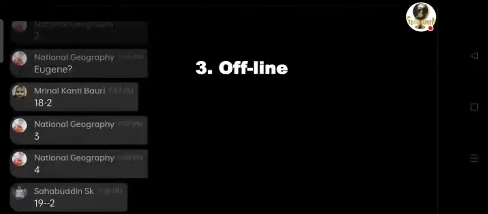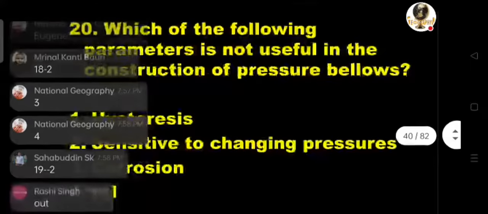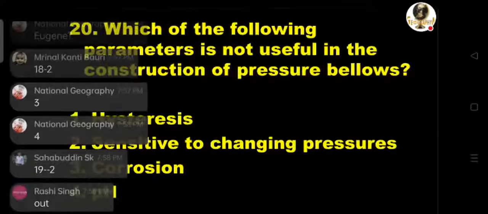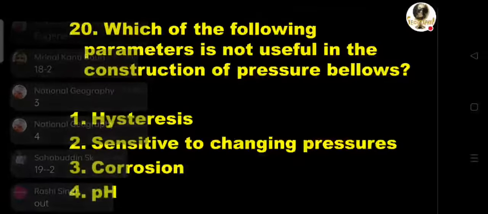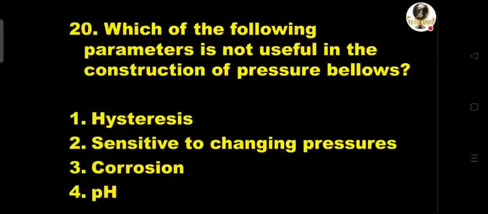And next, another question for you, question number 20. Which of the following parameters is not useful in the construction of pressure vessels? The options are hysteresis, sensitivity to change in pressure, corrosion, and pH.